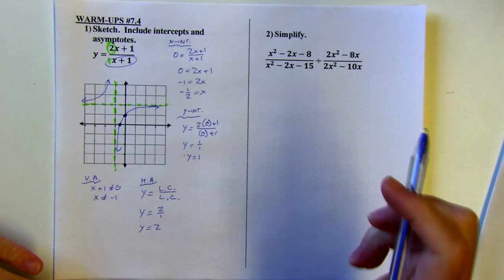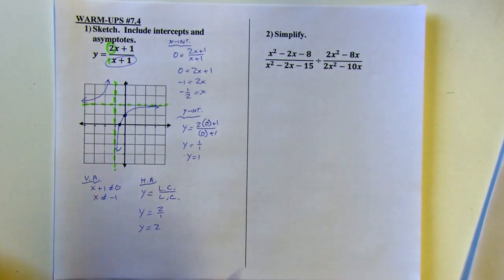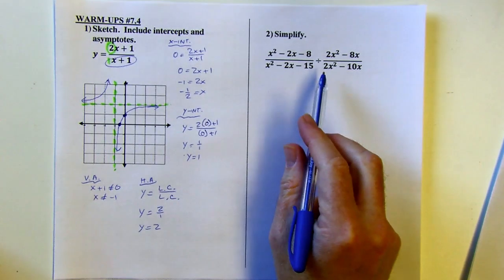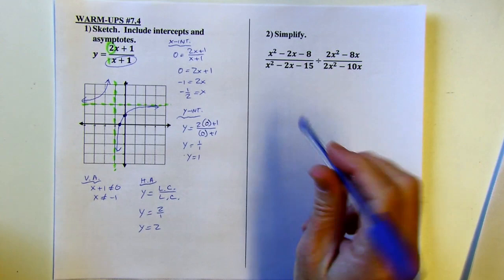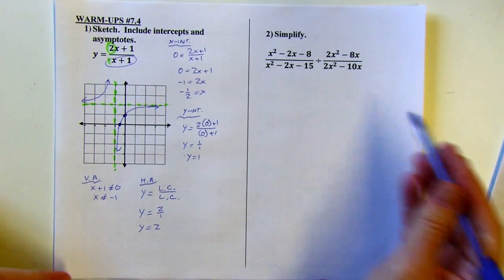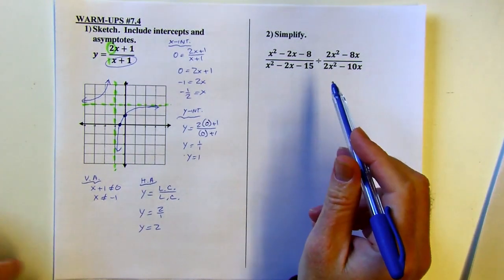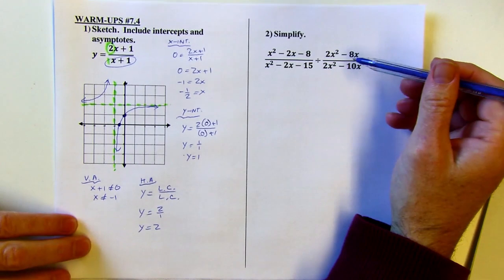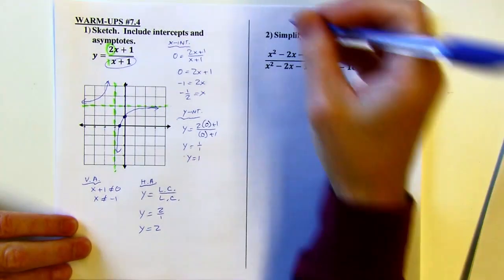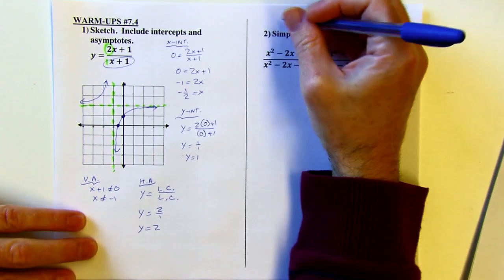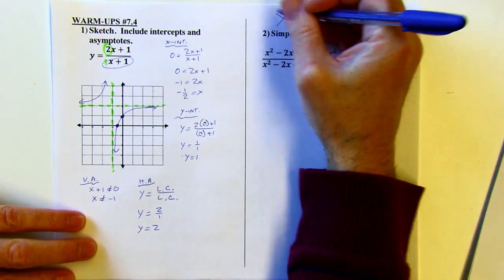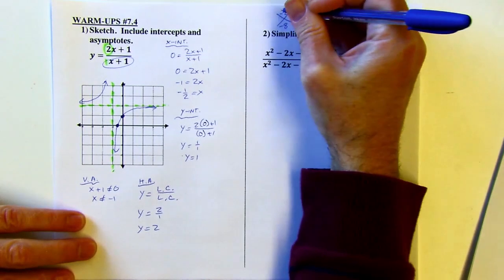We're going to simplify here. So I'm dividing, so I am going to factor everything, and then I'm also going to rewrite this as multiplication by flipping the second fraction. Okay, but let's start with the numerator here. I'm just going to set up some diamond problems, putting -2 up here, -8.